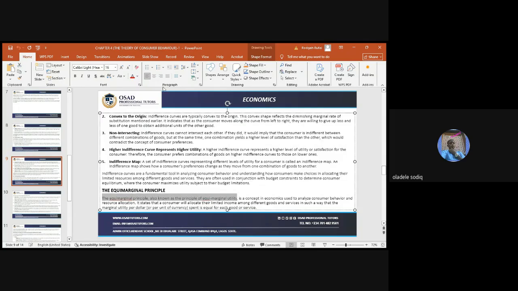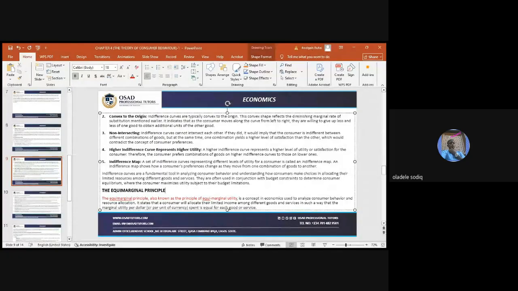The equimarginal principle, also known as the principle of equimarginal utility, is a concept in economics used to analyze consumer behavior and resource allocation.